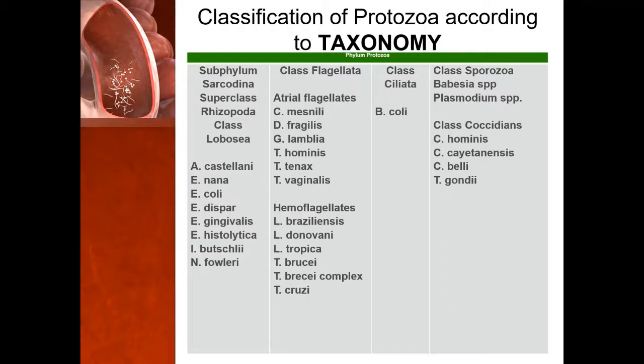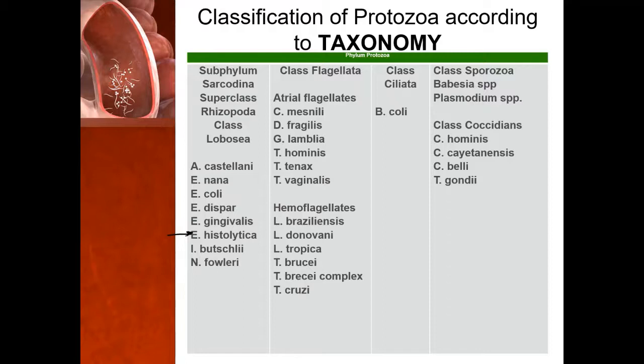Under this subphylum, the members are Acanthamoeba castellani, Endolimax nana, Entamoeba coli, Entamoeba dispar, Entamoeba gingivalis, Entamoeba histolytica, which is pathogenic, the only pathogenic pseudopod, Iodamoeba buetschlii, and Naegleria fowleri.